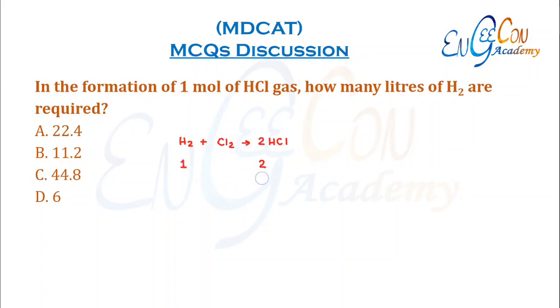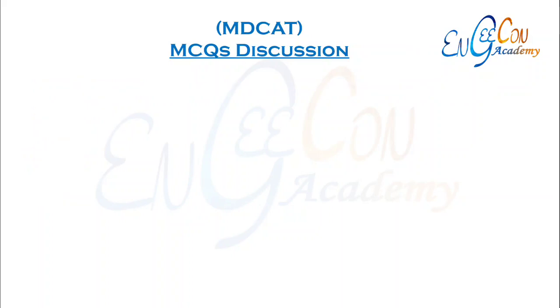Now if we are forming 1 mole of HCl, it would require 0.5 moles of H2. Now we have to convert these moles into volume. Moles multiplied by 22.4 decimeter cube would give us the volume, so it is equal to 11.2 decimeter cube or 11.2 liters.